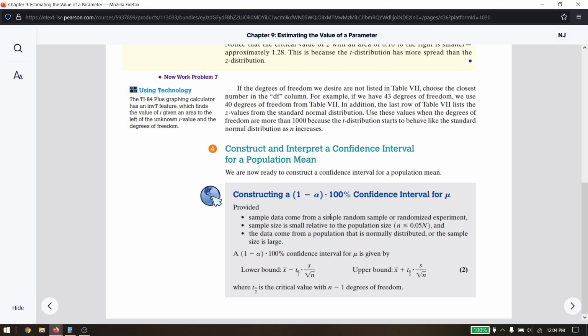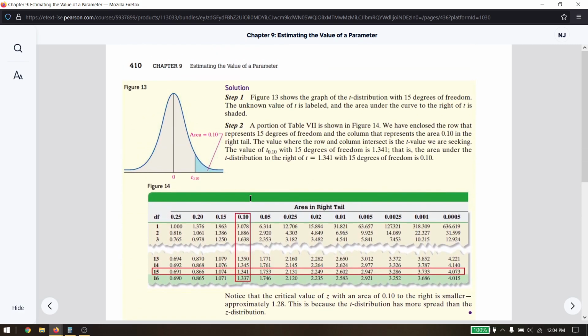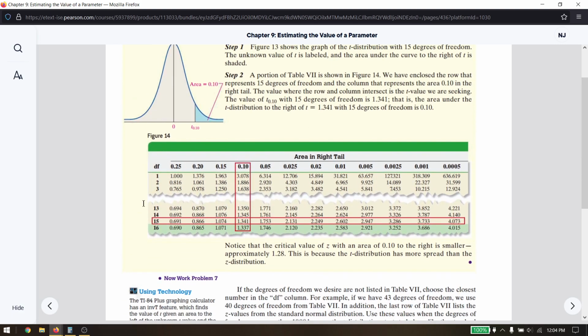So how does degrees of freedom affect t? If you go to the t table, this is just a portion of it, but it'll show it just fine. Let's look down at the very bottom here, where the red column is. 1.337 is for 16 degrees of freedom at 0.10. And if you decrease the degrees of freedom, you see that we get larger and larger numbers.